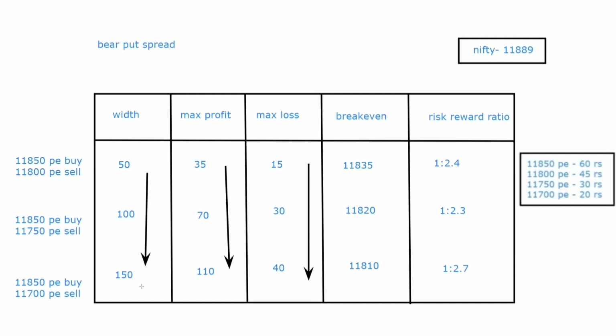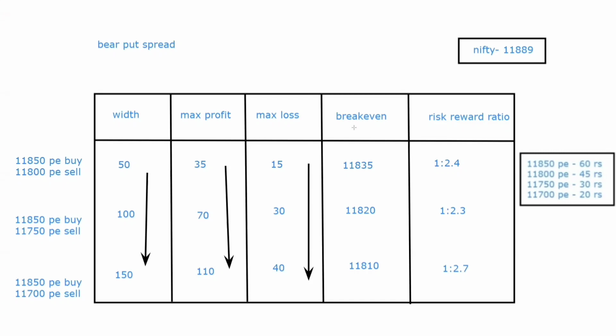So what does this mean? This means that if you increase the width of the spread, you have the opportunity to gain high profits with the risk of losing more money, right? ज्यादा पैसा डालो, ज्यादा पैसा आएगा. Simple as that. Okay. So over here, this was the first thing to look into.